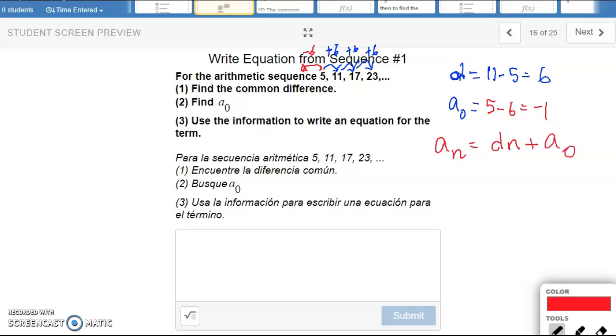That's our generic arithmetic sequence formula that you're going to have to memorize. A sub n is equal to, we know that D is 6, so that's going to be 6n. And A sub 0 is negative 1, so it's going to be minus 1. So that's my equation. And the next card just walks you through the steps.